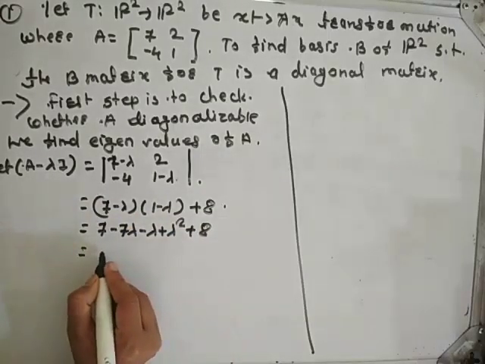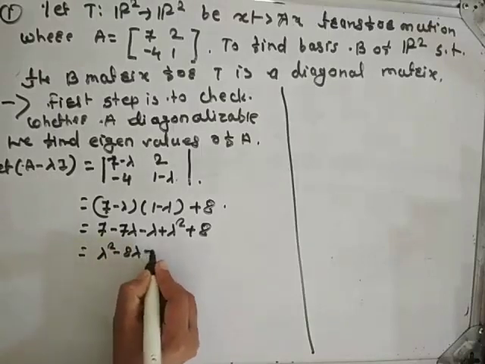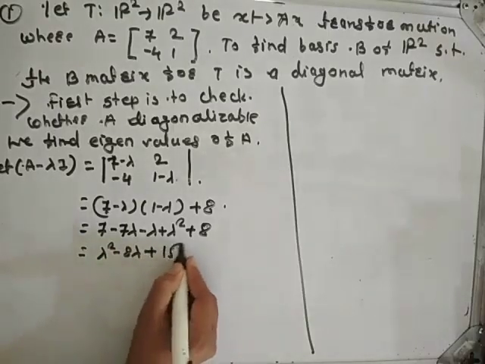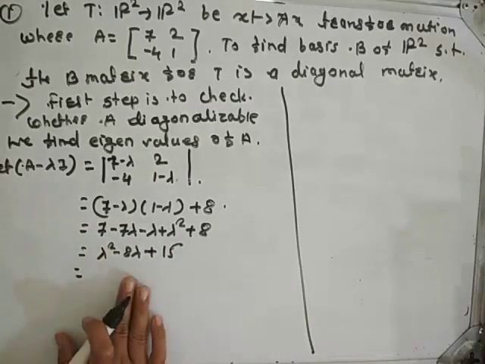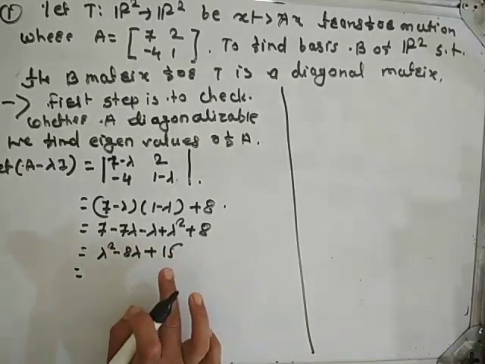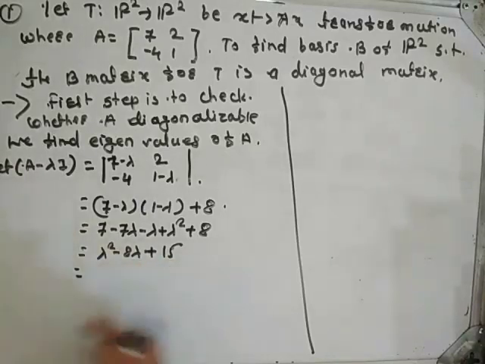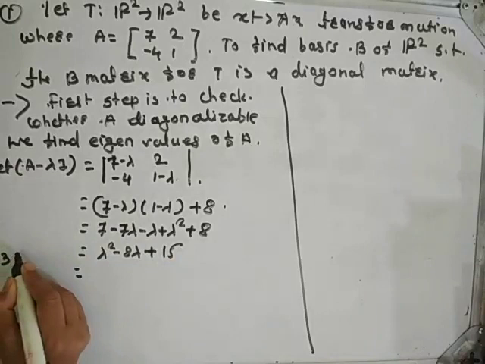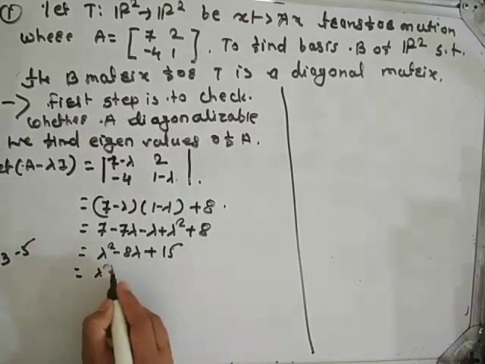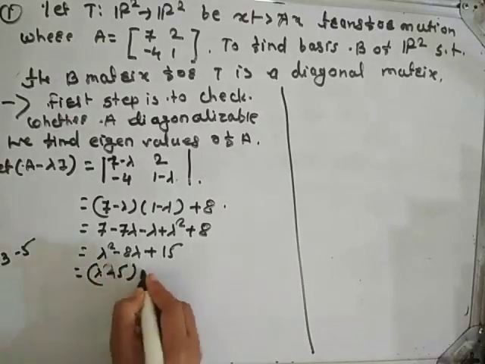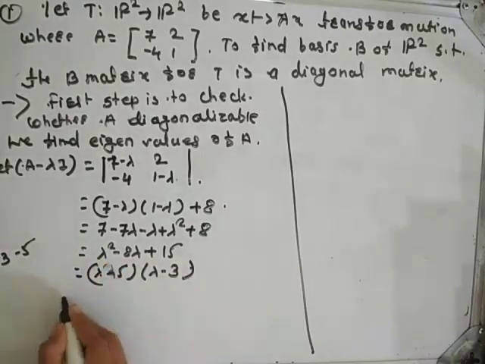This equals lambda square minus 8 lambda plus 15. Now we have to find two numbers whose sum is minus 8 and product is 15, that is minus 3 and minus 5. So lambda minus 5 into lambda minus 3.